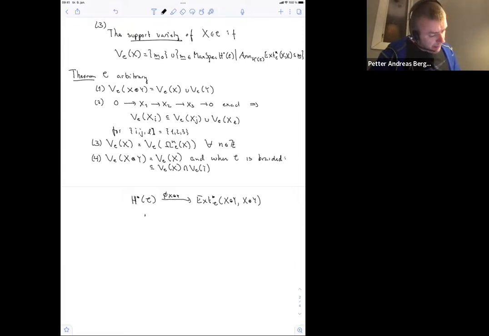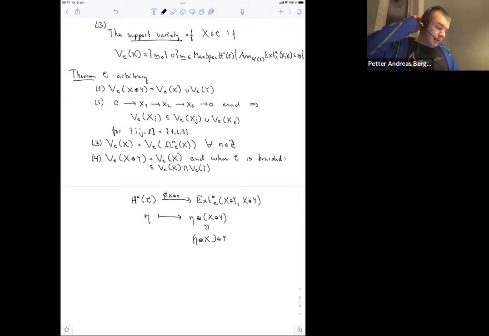Well, you map an eta to eta tensor X tensor Y, which by associativity is just eta tensor X, tensor Y. So you can view this as first applying the tensor product of X and then tensoring with Y afterwards. So there's a choice involved here. And that's why the tensor product has support variety contained in the support variety of X when we tensor on the right, like this.